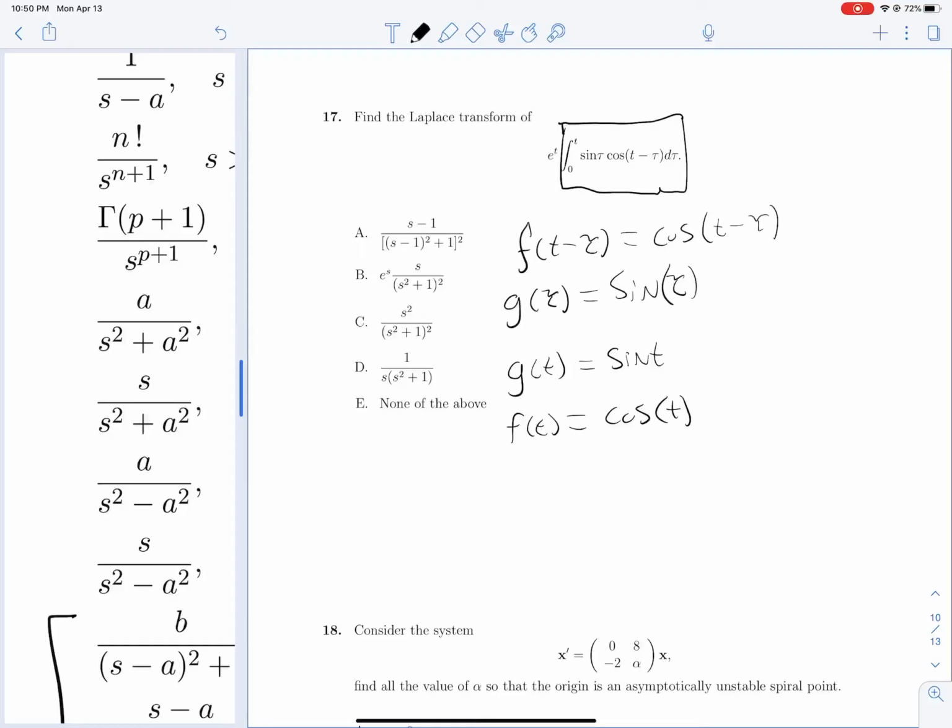The Laplace transform of sine of t is 1 over alpha squared plus 1. We're multiplying that by alpha over alpha squared plus 1, which is the Laplace transform of cosine of t. This just gives us alpha over alpha squared plus 1, and then we need to replace all of our alphas with alpha minus 1 over alpha minus 1 squared plus 1.